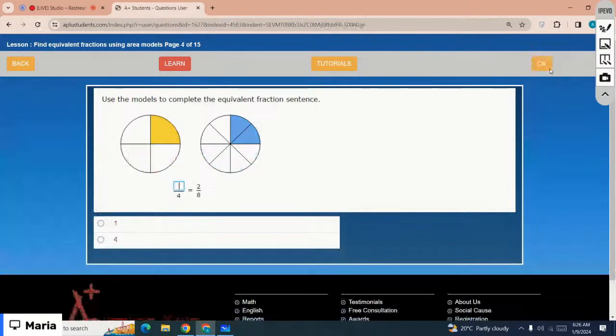Use the models to complete the equivalent fraction sentence, which is the correct option.